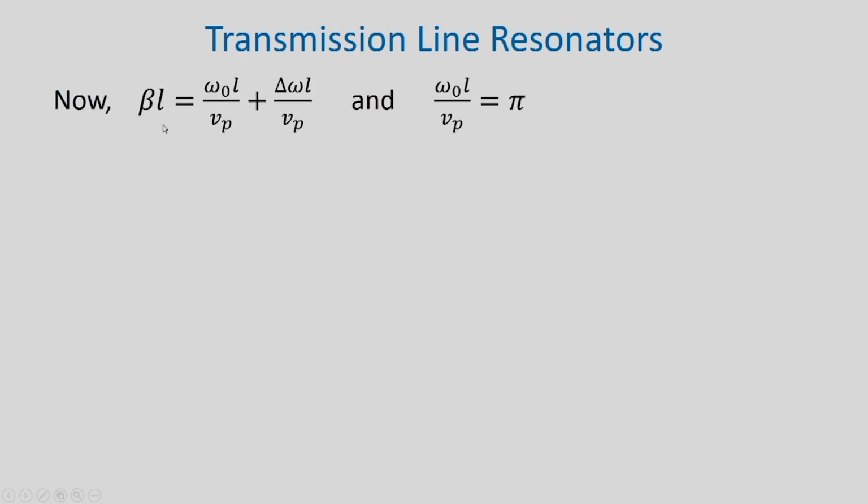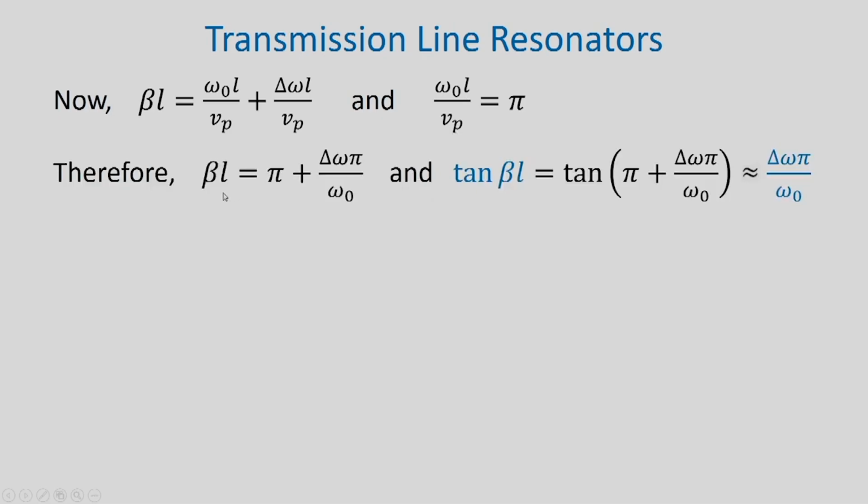So, we have now beta L equal to omega naught L by V p plus delta omega L by V p, and omega naught L by V p is equal to pi, and therefore, we can write beta L to be equal to pi plus delta omega pi by omega naught, and tan beta L can be written as tan of (pi plus delta omega pi by omega naught).